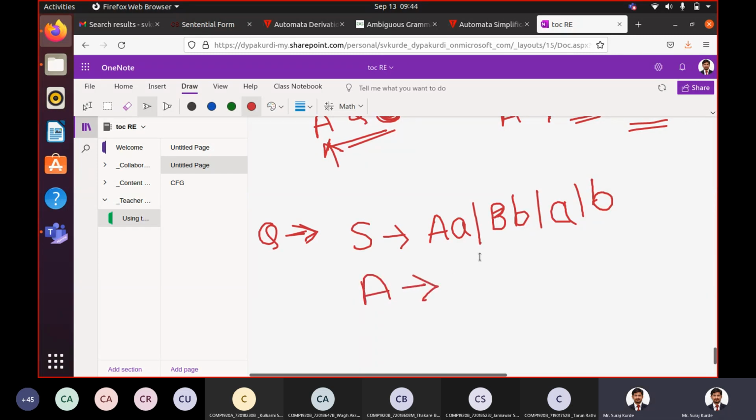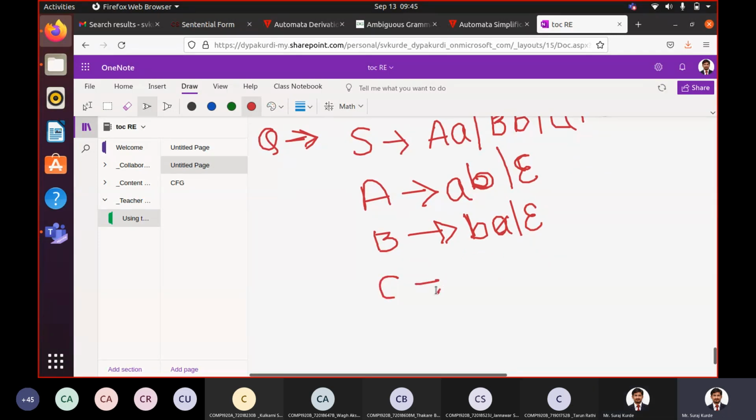S produces AB or A or B. A produces A, B or epsilon. B produces B, A or epsilon.